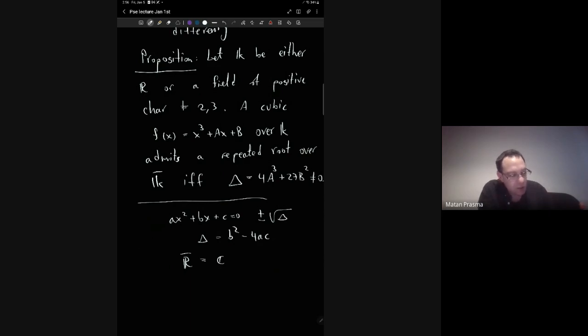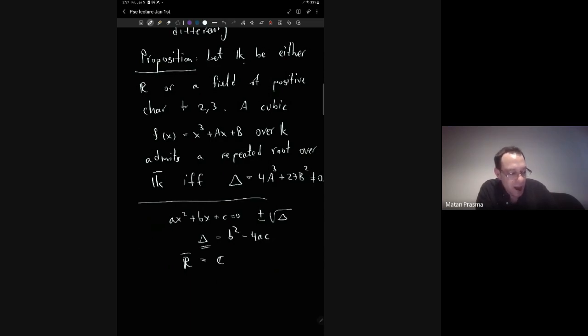A repeated complex root exists if and only if the discriminant is exactly equal to 0, because then the plus minus cases coincide. And the discriminant that we have here has the same property.